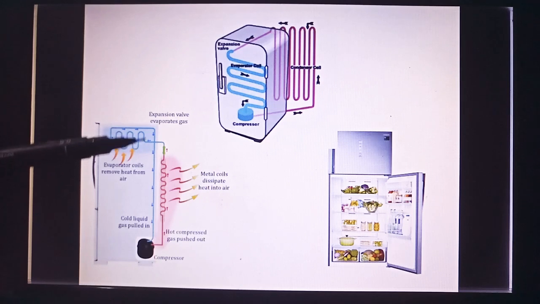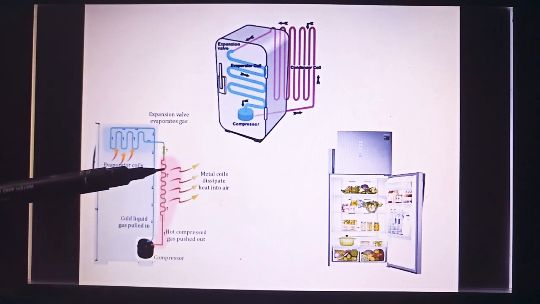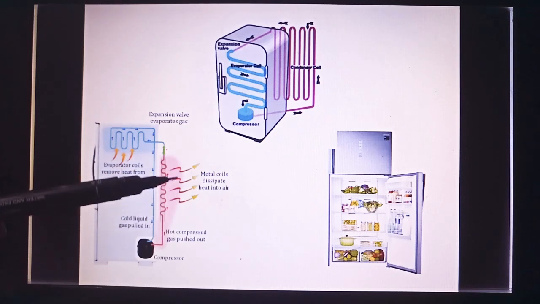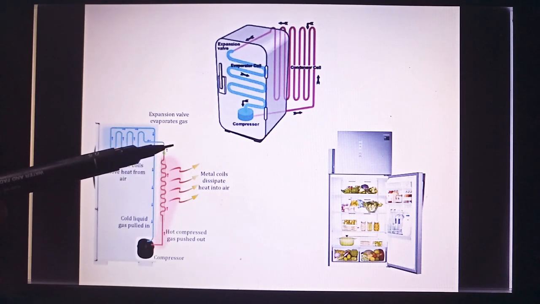The evaporator coil is connected to the compressor, and after it passes to the compressor, the refrigerant inside this coil is being compressed, and then it will be delivered to the condenser, wherein heat is released. After that it will pass to an expansion valve and then go back to these evaporator coils.